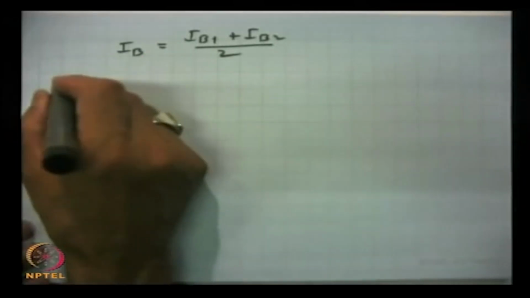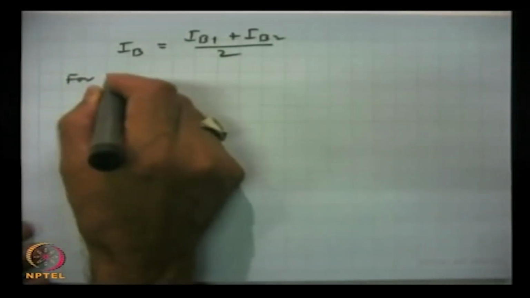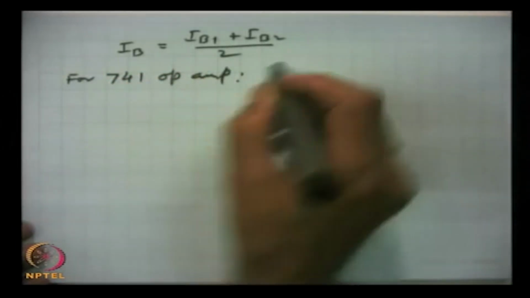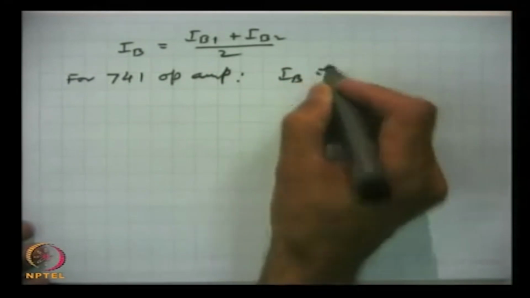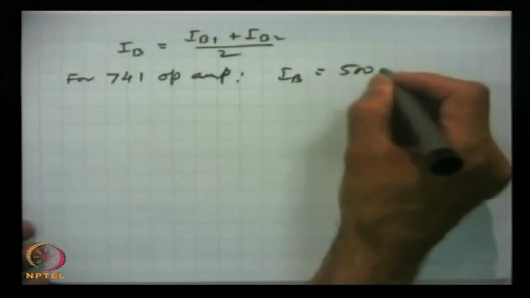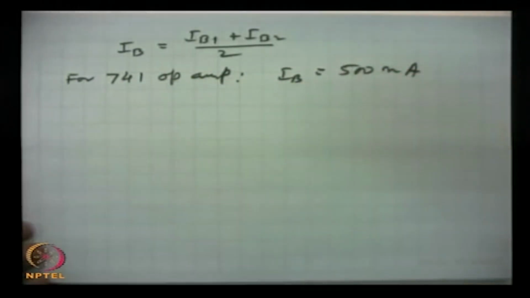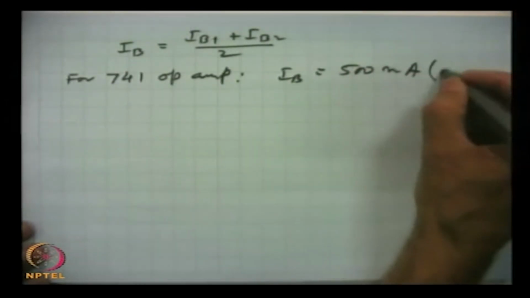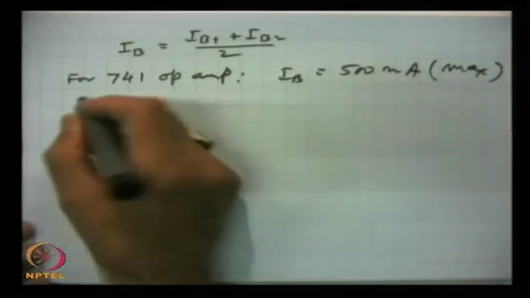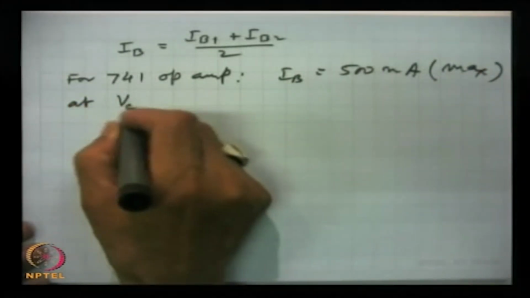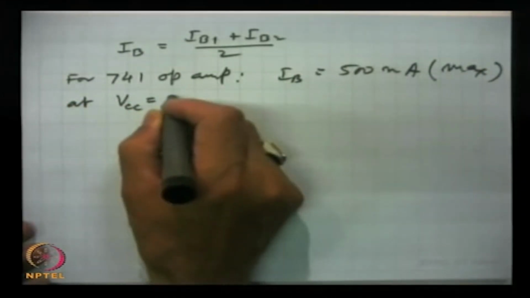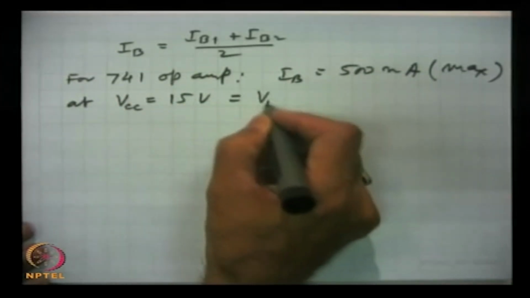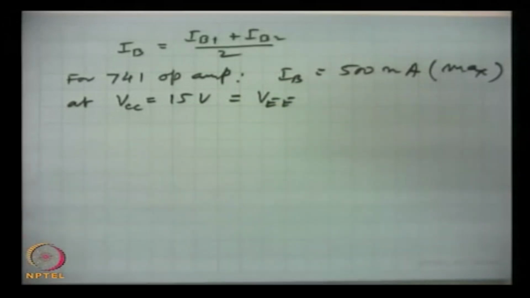For example, for the 741 op amp, IB is given as 500 nanoamperes. This is the maximum current at VCC equal to 15 volts, same as also VEE.